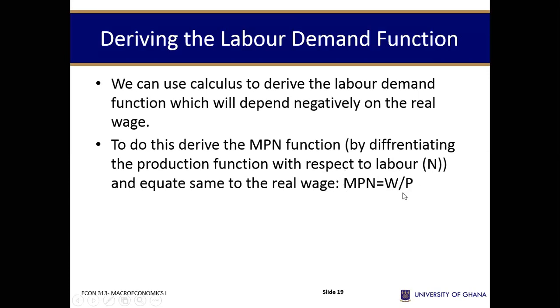Then you make N the subject. Remember, MPN is dY/dN, right? So when you find this differentiation, it will be in terms of N. Then you equate it to W over P. Then you make N the subject. After doing that, the N that you get is your labor demand function.